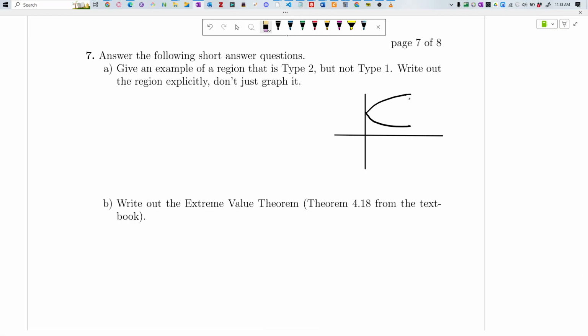Well, to make it really bothersome, what we can do is maybe define a sine function up here. Maybe something like this as a lower function.